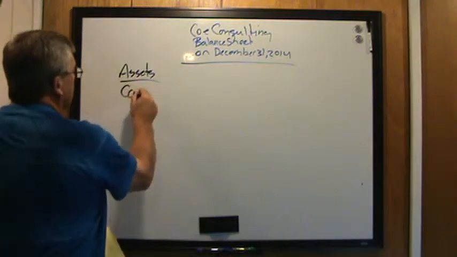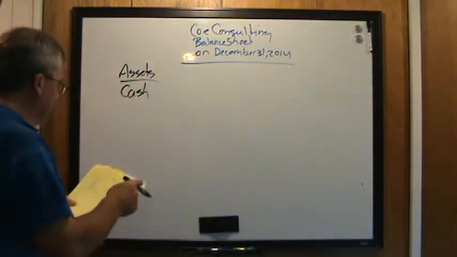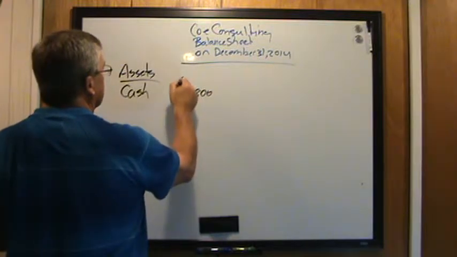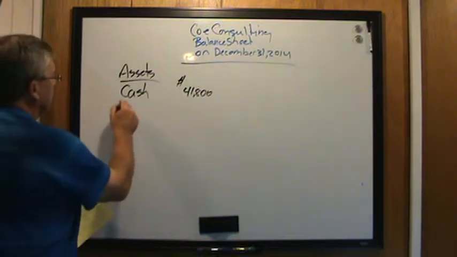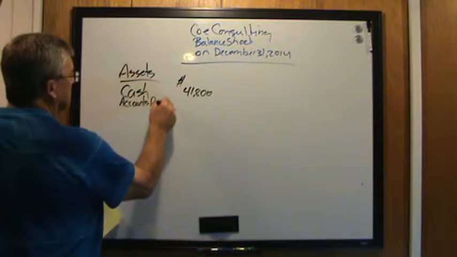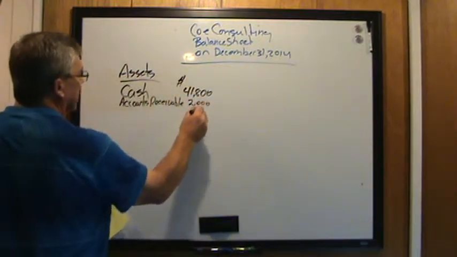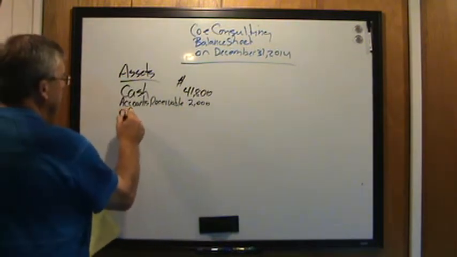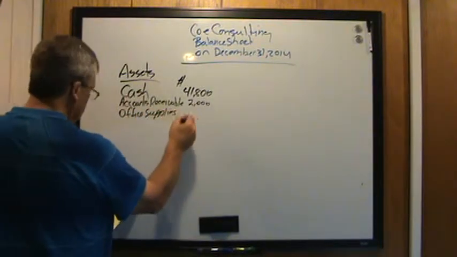If we go back to our transaction account titles, you'll remember that we had $41,800 worth of cash. Start of a column, dollar sign. We had accounts receivable of $2,000. Okay, we got paid for some of those. We had office supplies of $4,000.